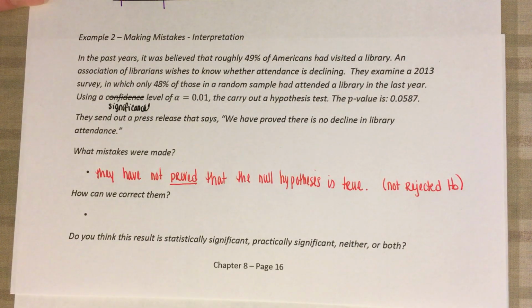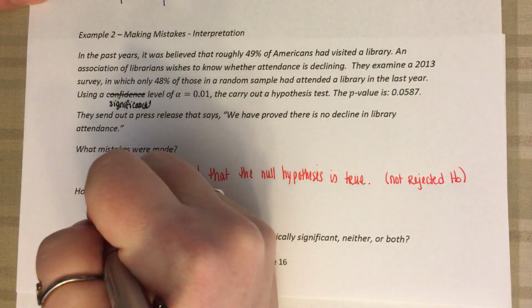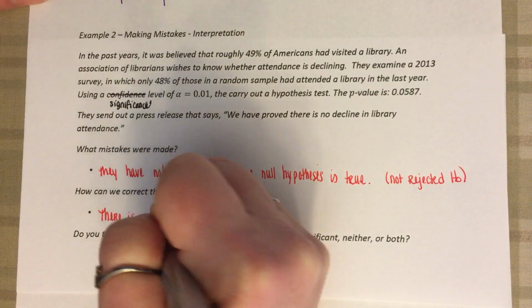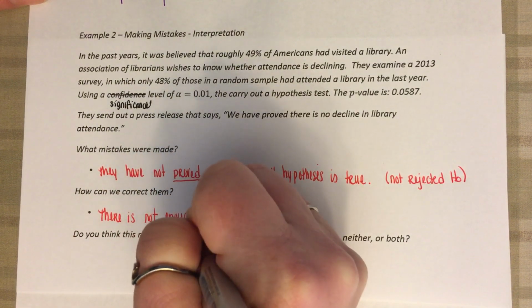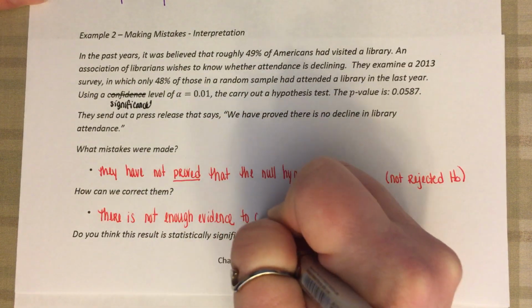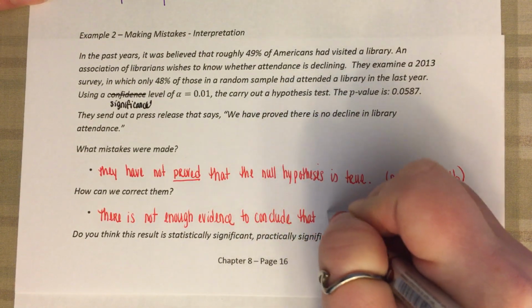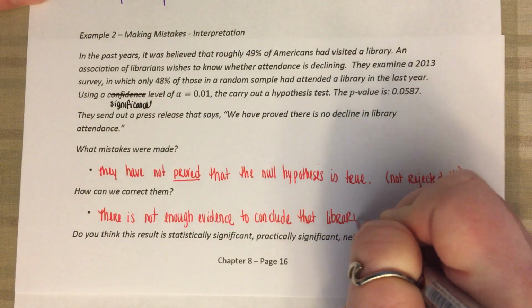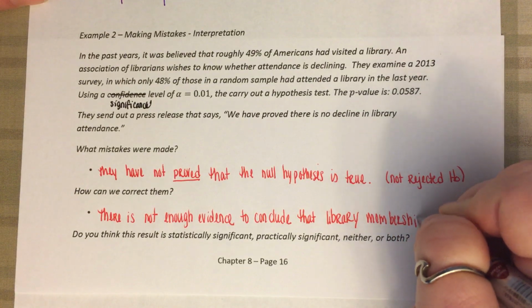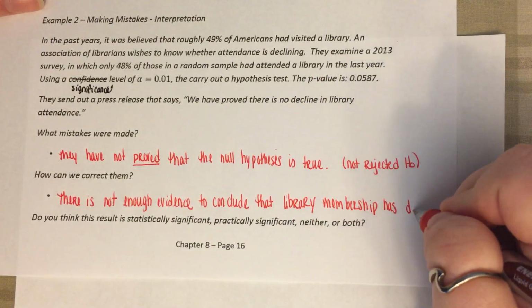How can we correct them? We could say there is not enough evidence to conclude that library membership has declined.